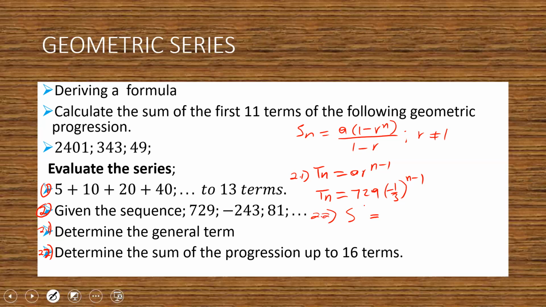S16 is equal to 729 open bracket 1 minus 1 divided by 3 to the power of 16, and this is divided by 1 minus negative 1 over 3, right?